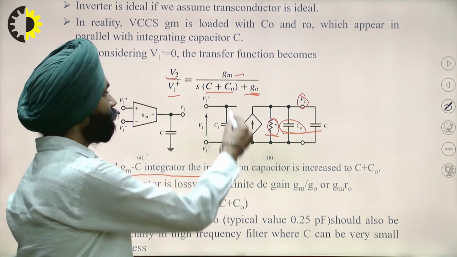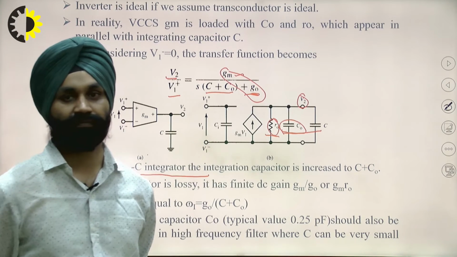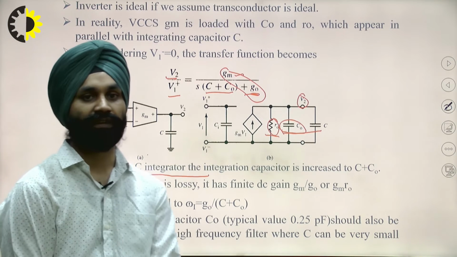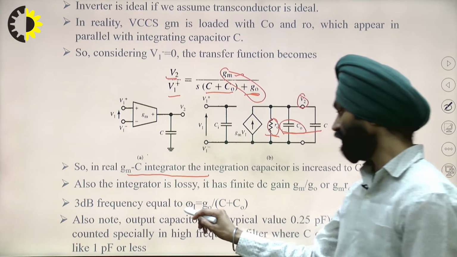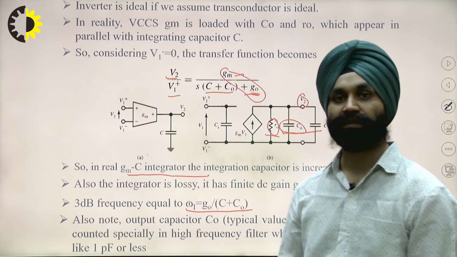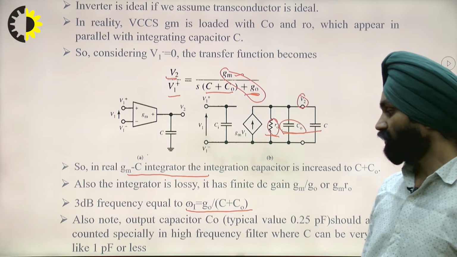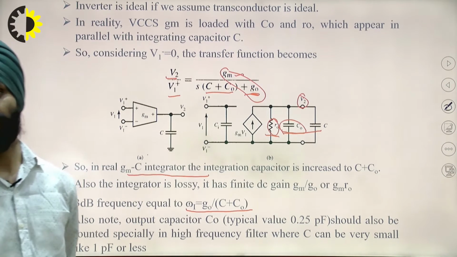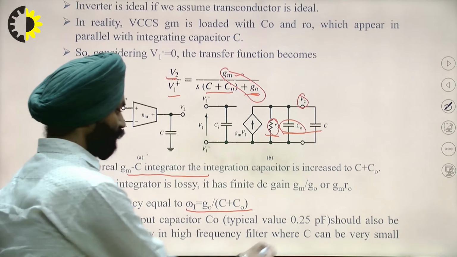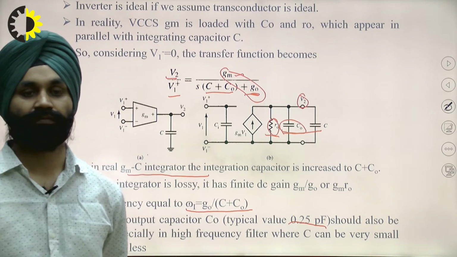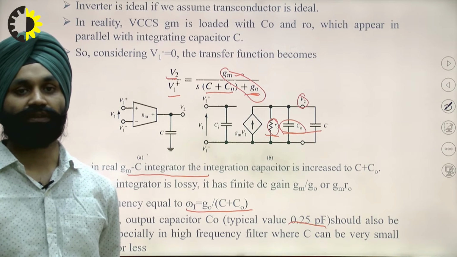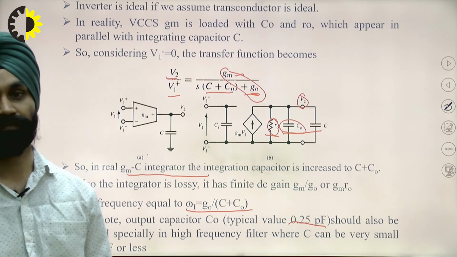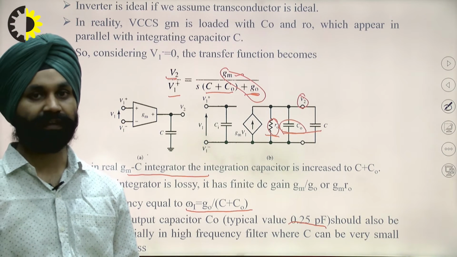This loss can be given by Gm by G0. So the 3 dB frequency, omega naught, is equal to G0 over C plus C0. Also, the output capacitance C0 value is very low, approximately 0.25 picofarad. So it should be counted for high frequencies, whereas we can neglect it for low frequencies.